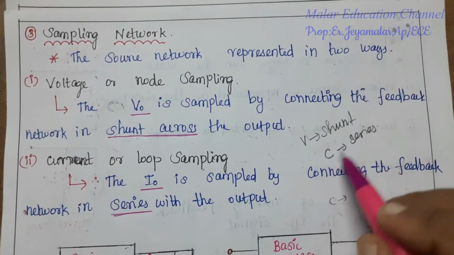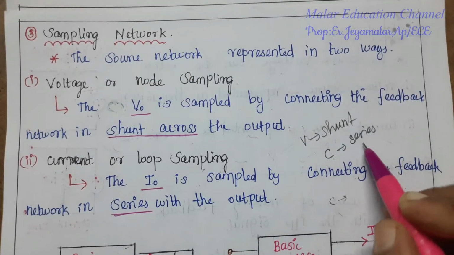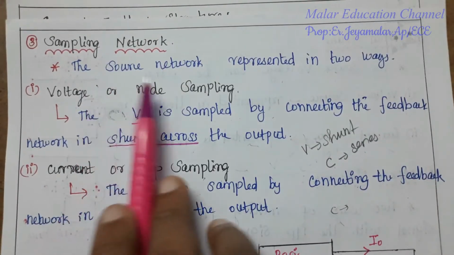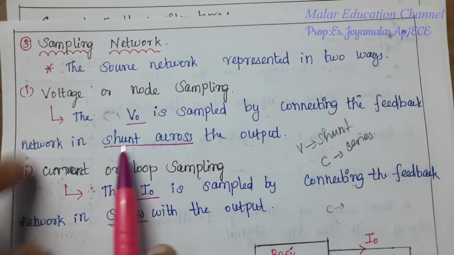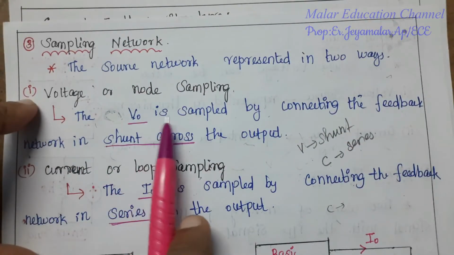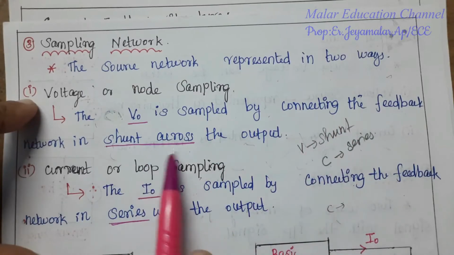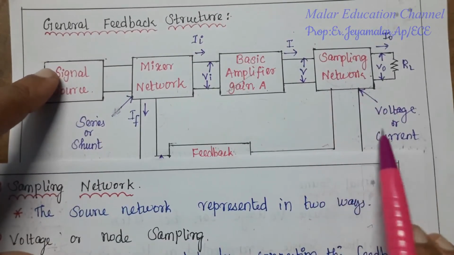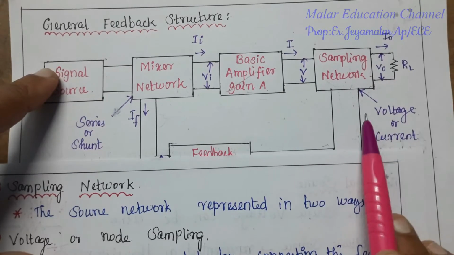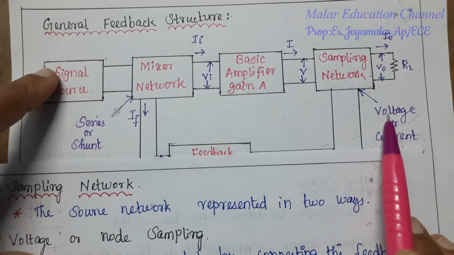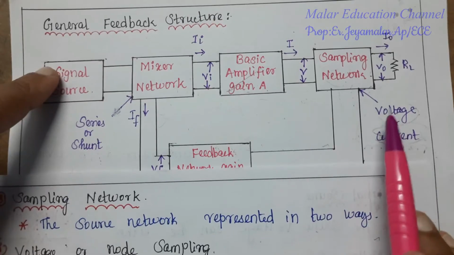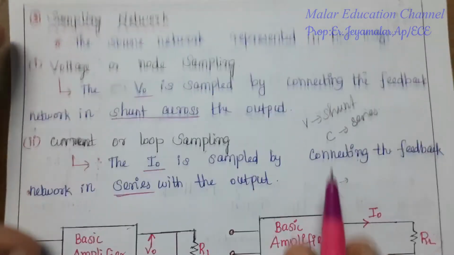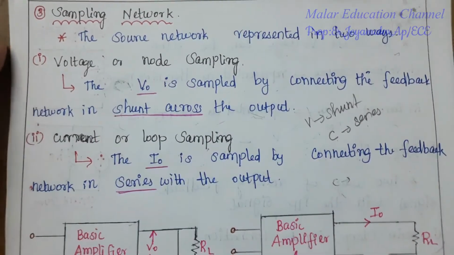In voltage or node sampling, Vo is sampled by connecting the feedback shunt across the output. Whether the sampled quantity is voltage or current, voltage means shunt connection and current means series connection. That is the point for the sampling network.